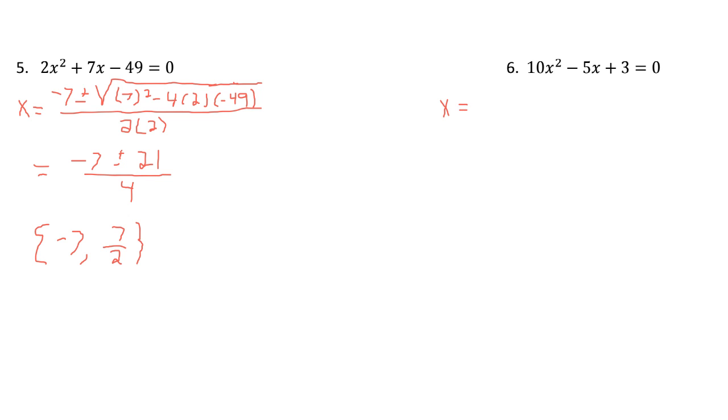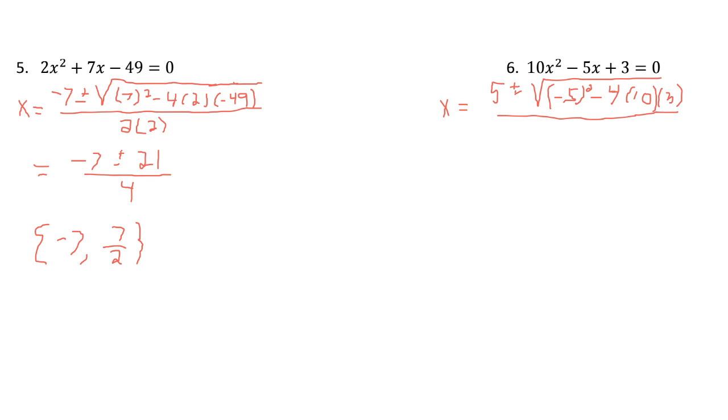All right, over here. So x is going to equal opposite of b, 5 plus or minus the square root of negative 5 squared minus 4 times a times c. Oh, we're finally going to get an imaginary one.